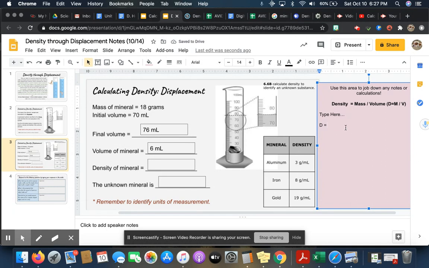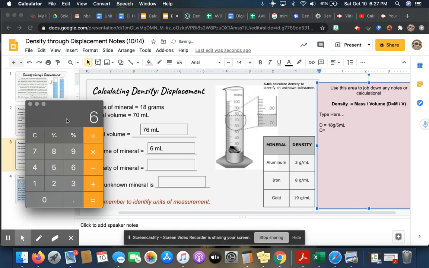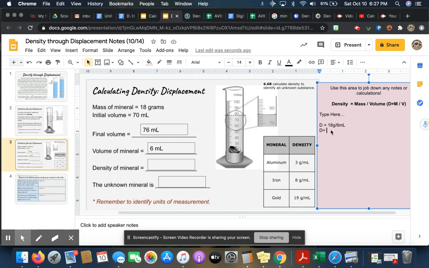My mass is 18 grams. 18 grams divided by my volume, 6 milliliters. So this will tell me that my density is, some of you might be able to do some of these in your head, and that's okay. I'm going to use a calculator. So 18 divided by 6, 3. So the density of my mineral is 3 grams per milliliter.